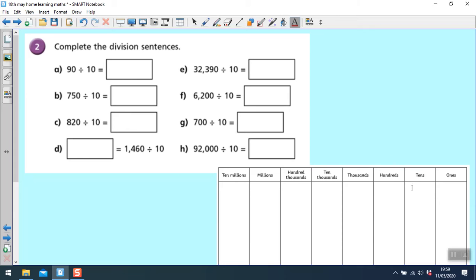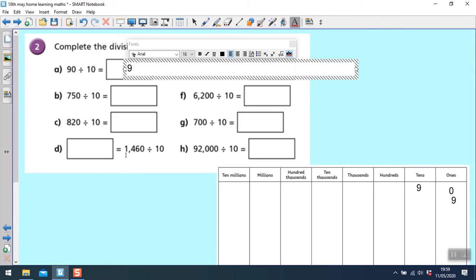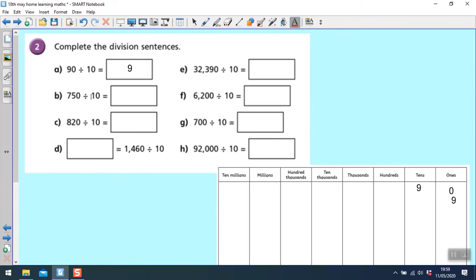So 90 divided by 10, I've got 9 10s and 0 1s, and if I divide by 10, everything moves 1 place to the right. It's going to be 9 1s. 750 divided by 10, 700, 5 10s, no 1s. I'm going to move everything 1 place to the right. So my 700 is going to move to my tens column.